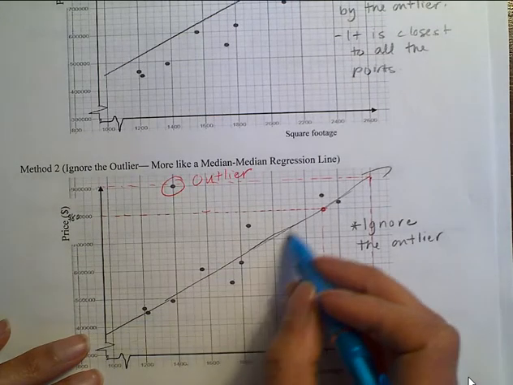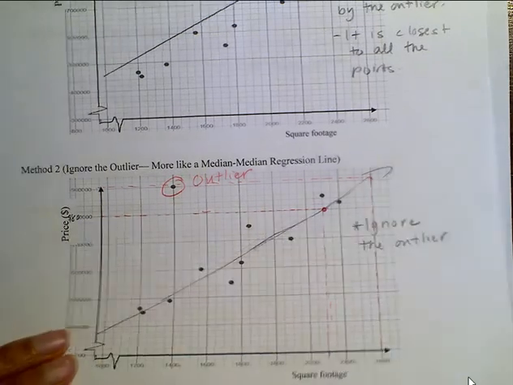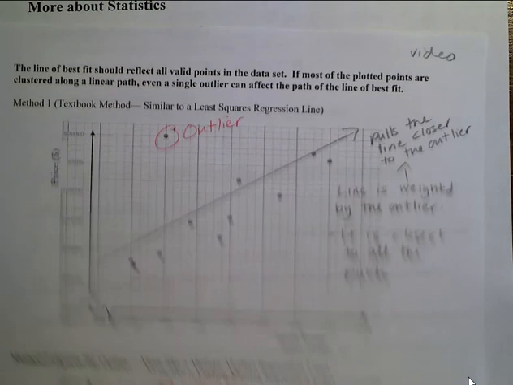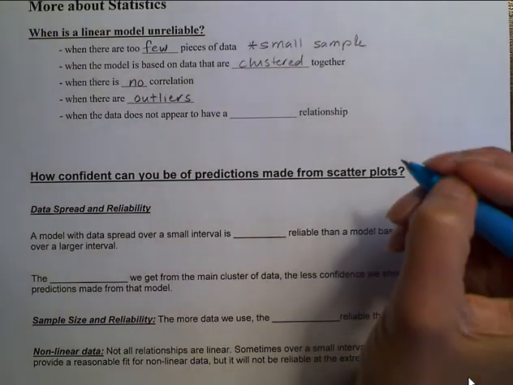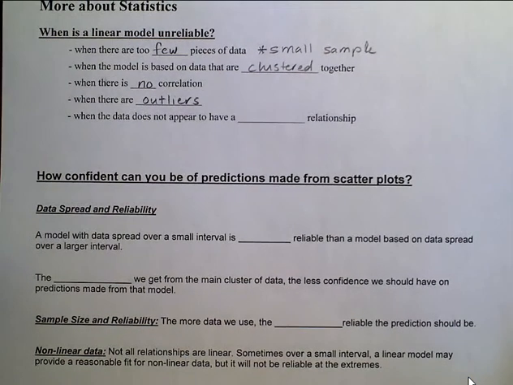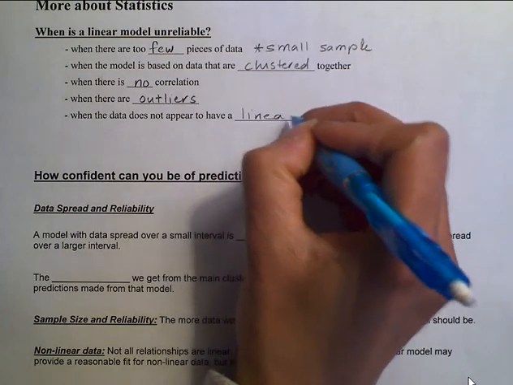If you wanted to draw the line of best fit and make predictions, you'd see that more points would be closer to that line than using this as your model. The other situation where you wouldn't use a linear model, or where it might be unreliable, is when the data does not appear to have a linear relationship. So, nonlinear data.